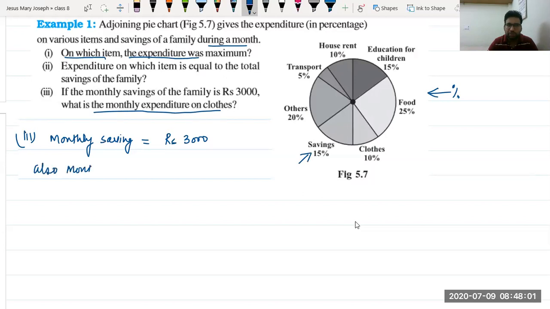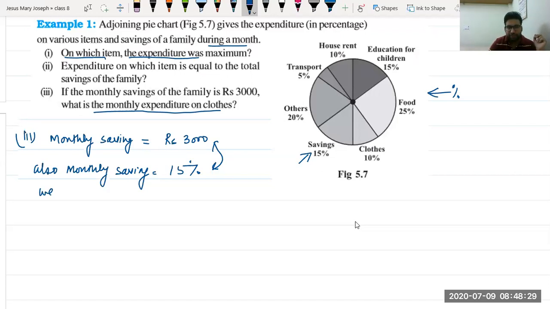Monthly saving in terms of percentage is 15%. So we can say they both are equal. We have got a relation between percent and rupees. The graph says 15%, and it is given as rupees 3000, so 15% is the same as rupees 3000.